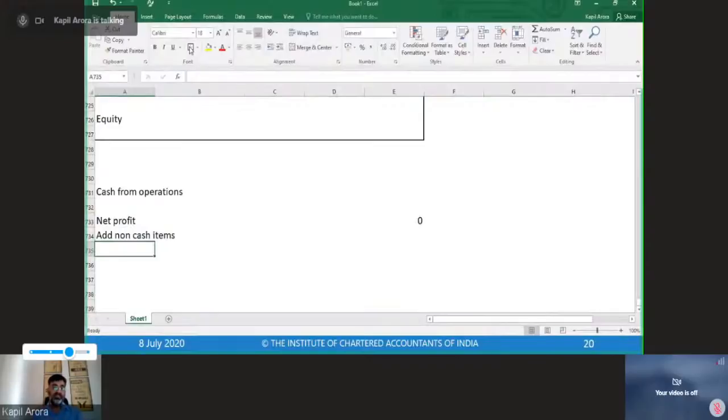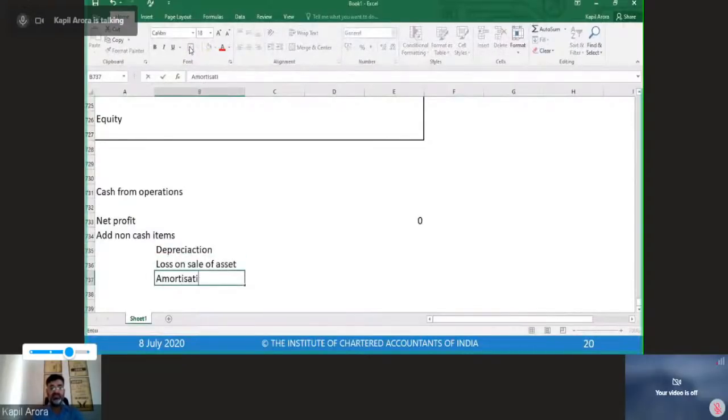So these non-cash items will be added, like depreciation, loss on sale of asset, amortization of goodwill or intangible asset.